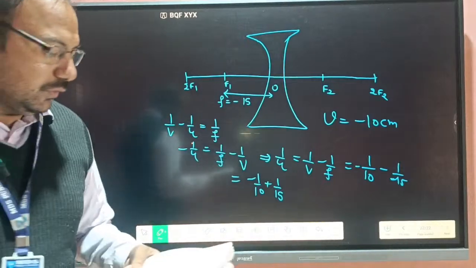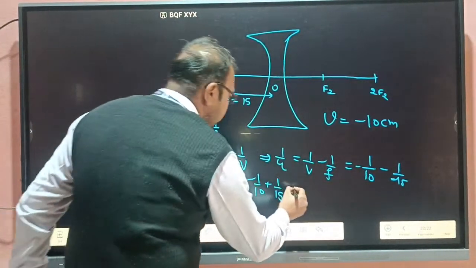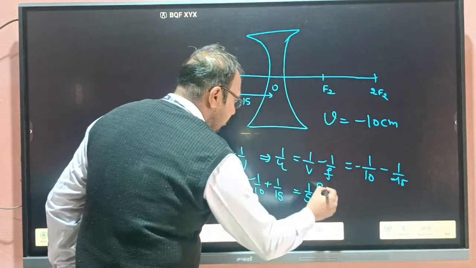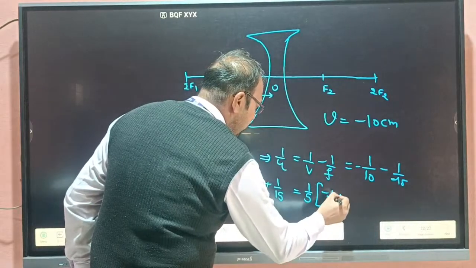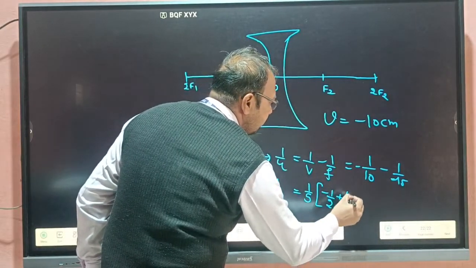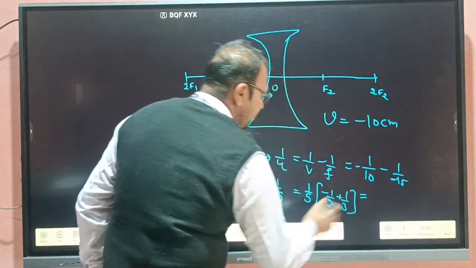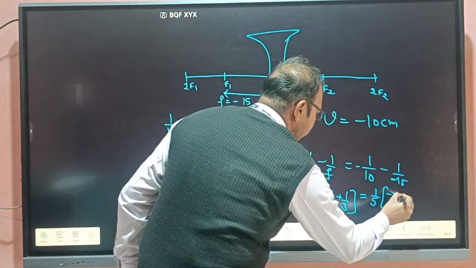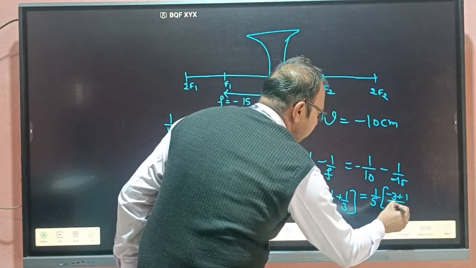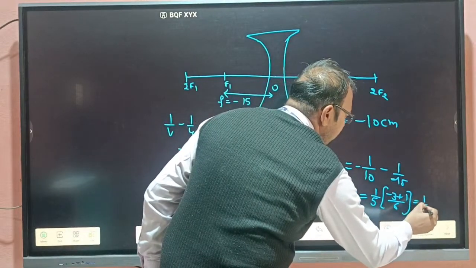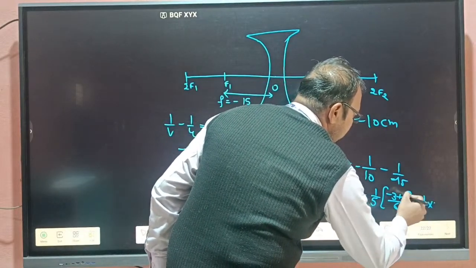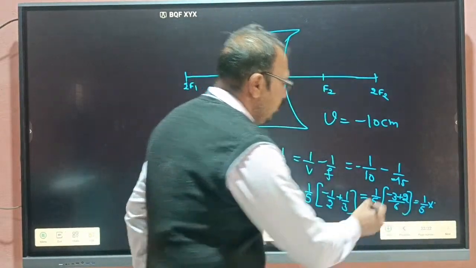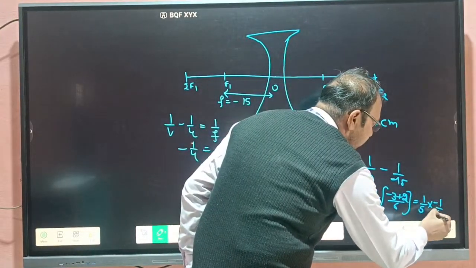Taking 5 common, minus 1 by 2 plus 1 by 3, which is 1 by 5 multiplied by minus 1 by 6.